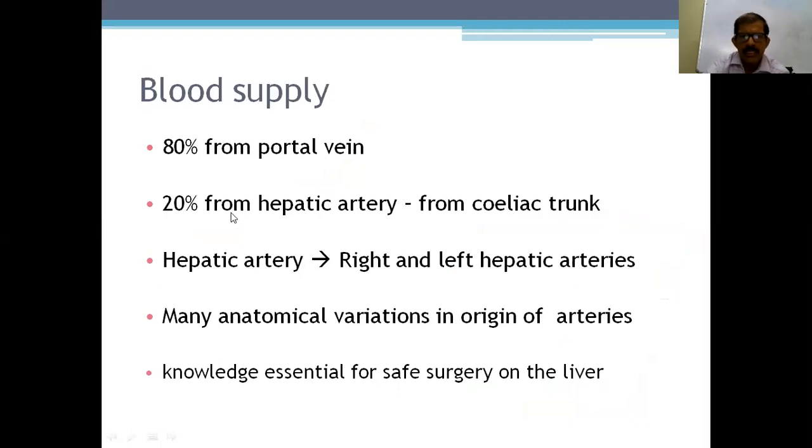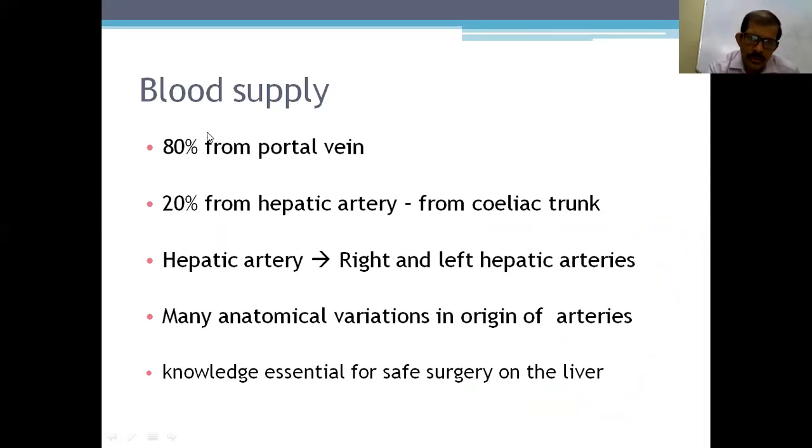Now, what is the blood supply? Major is from the portal vein, 80%, whereas the hepatic artery, which is so small, supplies only 20%. The hepatic artery, as you know, comes from the celiac trunk, whereas the portal vein is formed, as we were discussing the other day, by the superior mesenteric vein and splenic vein, to which the inferior mesenteric vein will also get attached.